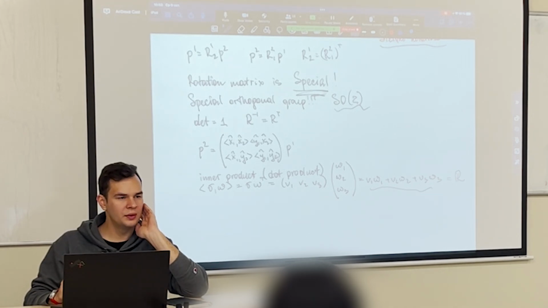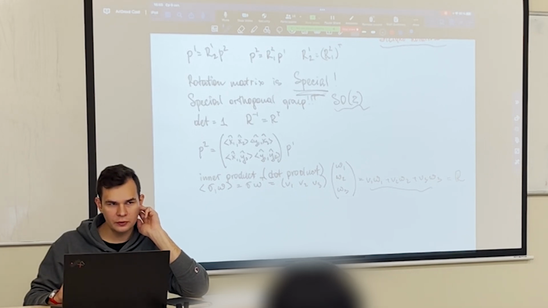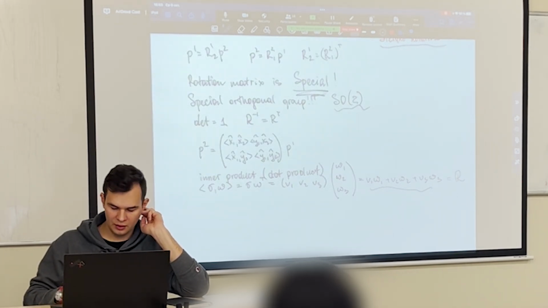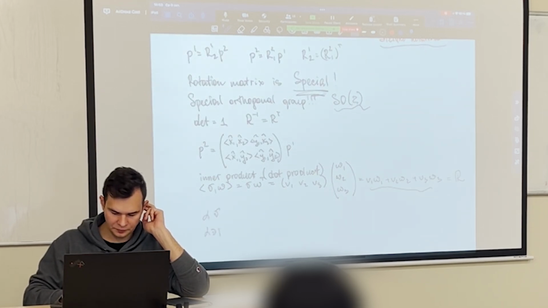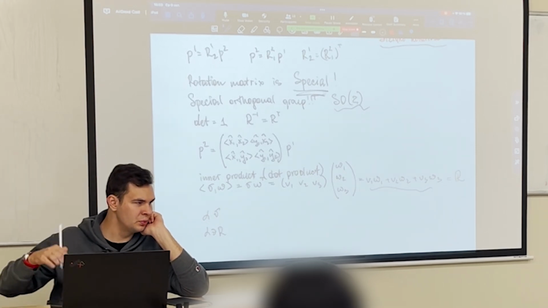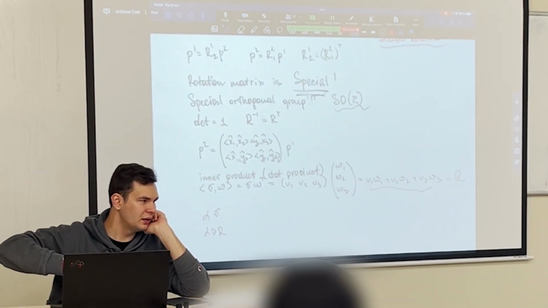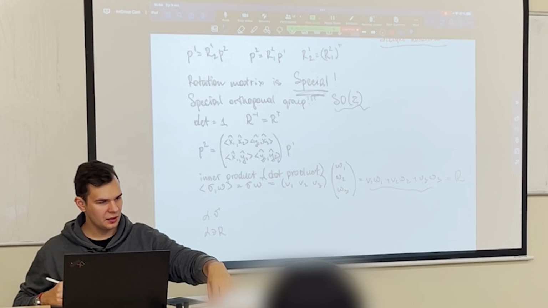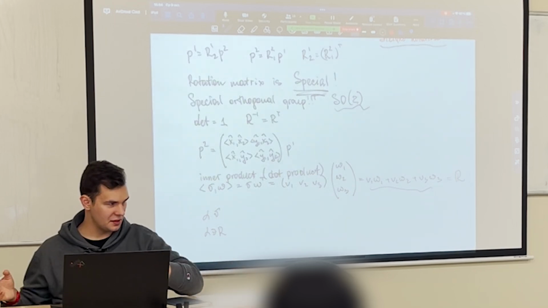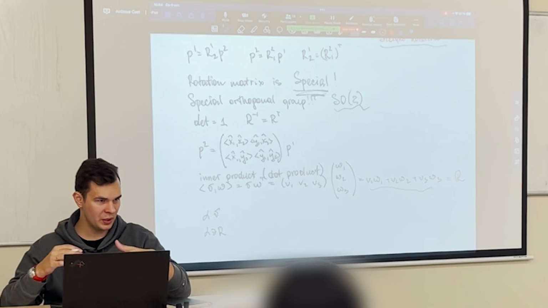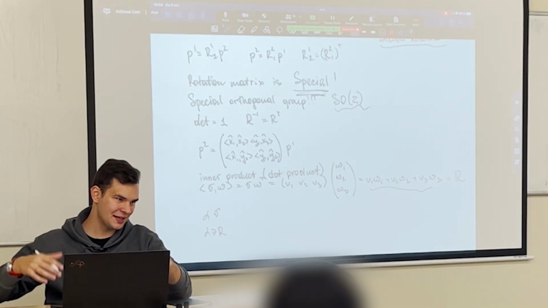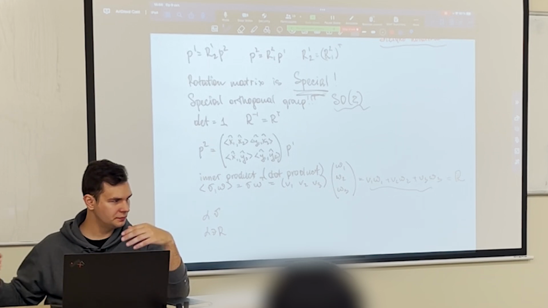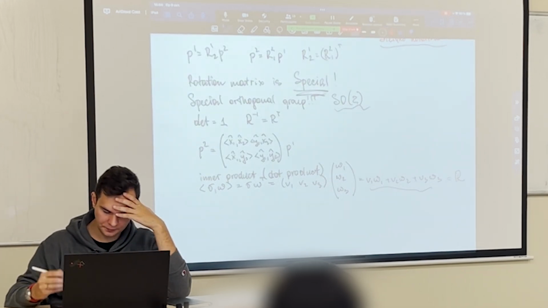Sometimes it's also called the scalar product, but here you need to be careful: sometimes when you multiply a vector with a scalar, it's also called a scalar product. But sometimes they call it the scalar product when you multiply a vector with a vector and the result is a scalar.